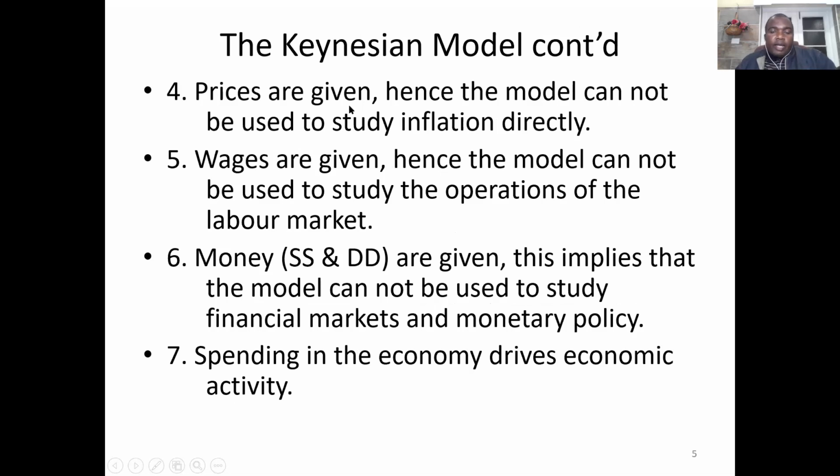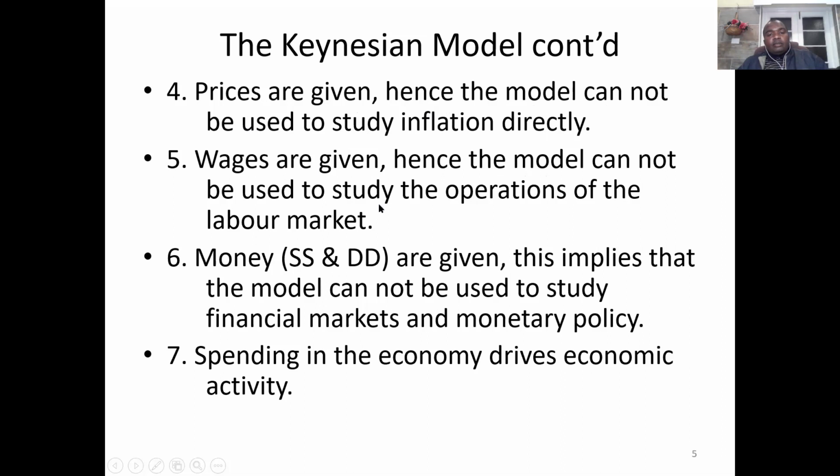We assume that prices such as wages, interest rates, exchange rates, and so on are given. In other words, they are fixed at their predetermined levels. Hence, the model cannot be used to study inflation directly. Wages are also assumed to be given, together with the rewards or the cost of the other factors of production.